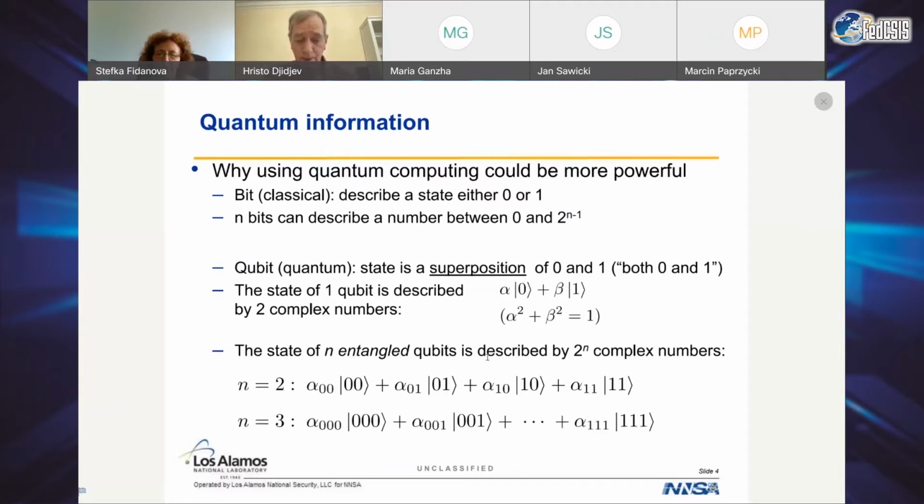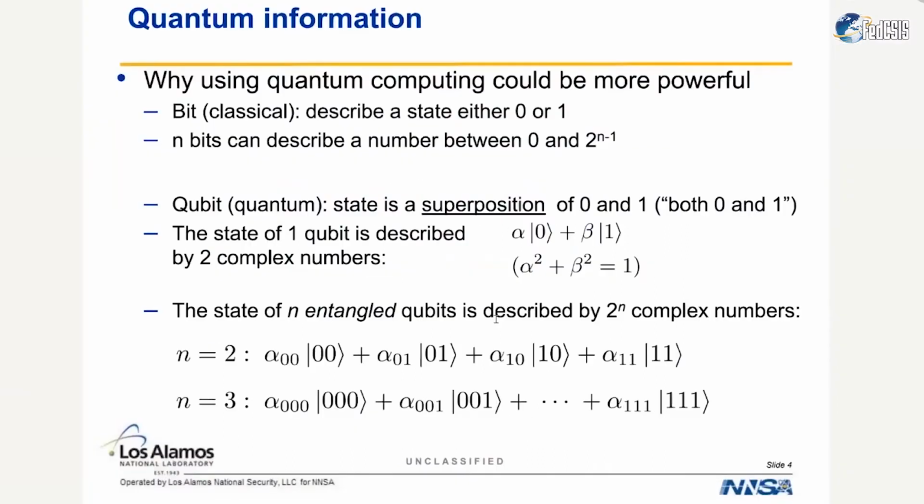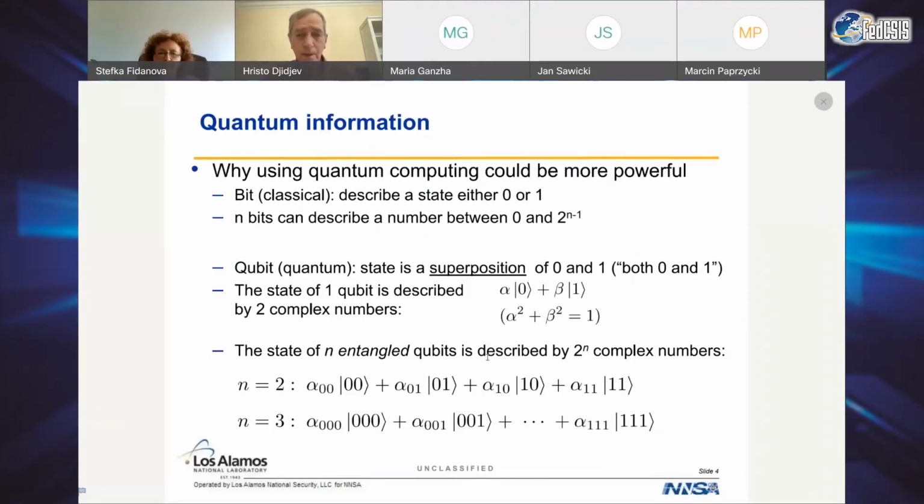Those represent probabilities. Specifically, alpha squared is the probability that when we measure this state we get 0, and beta squared is the probability that the measurement will give 1, and it can give just one of those two outcomes, although the internal state is both 0 and 1.